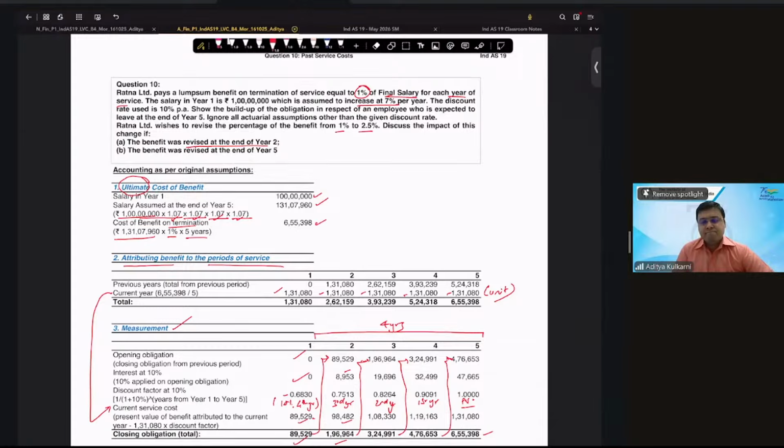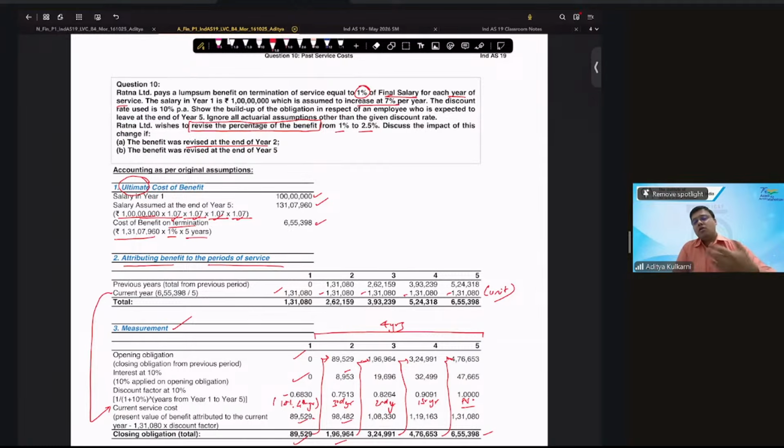It's just an estimate. This is not an estimate. See what they are doing. They wish to revise the percentage of benefit. Is this within the control of the entity or outside the control of the entity, and it is just an estimate? It's in the control of the entity, and the entity wants to just revise it. Correct.